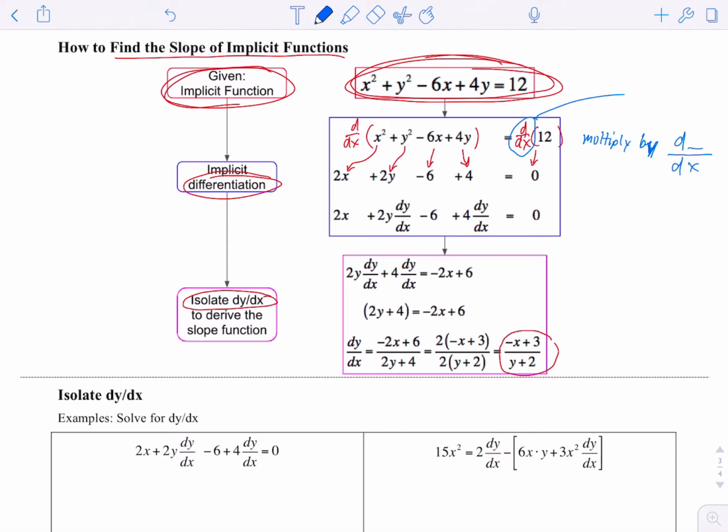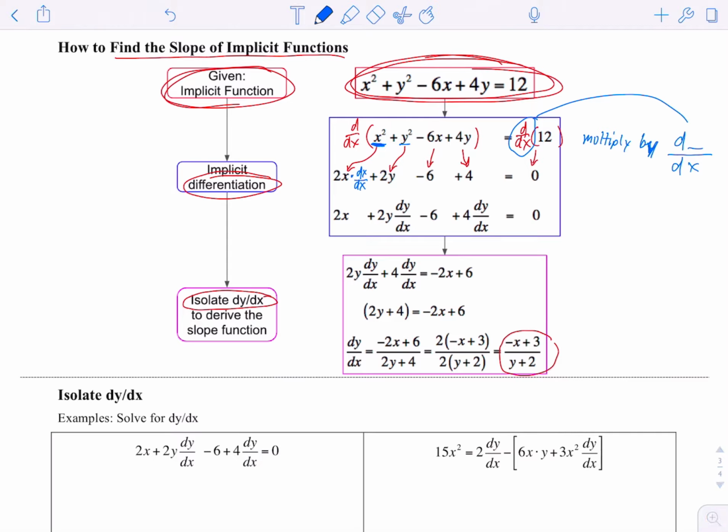Here's what I mean. We took the derivative of an x squared, so we need to multiply this answer 2x by d of what we took the derivative of. It was an x function, so it's going to be dx over dx. I know that's really weird.